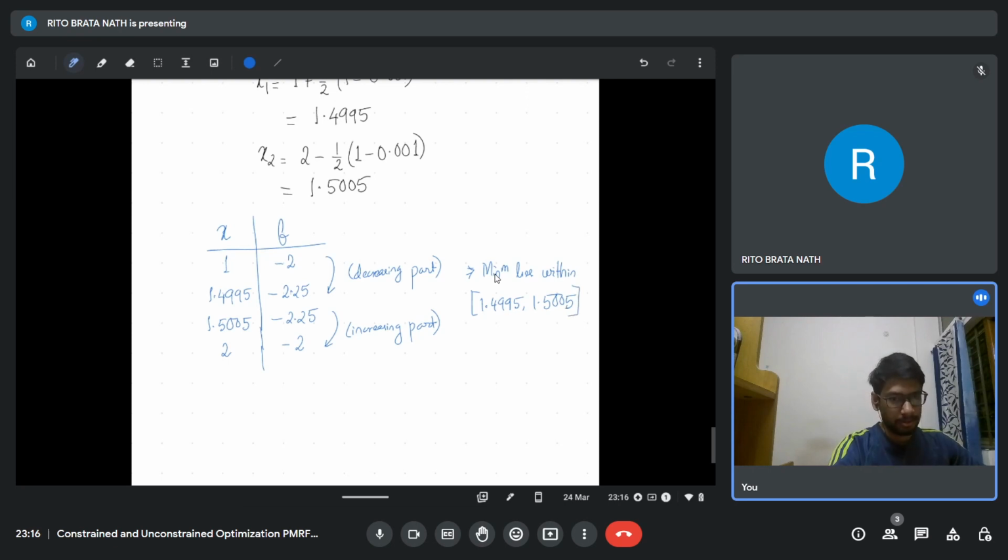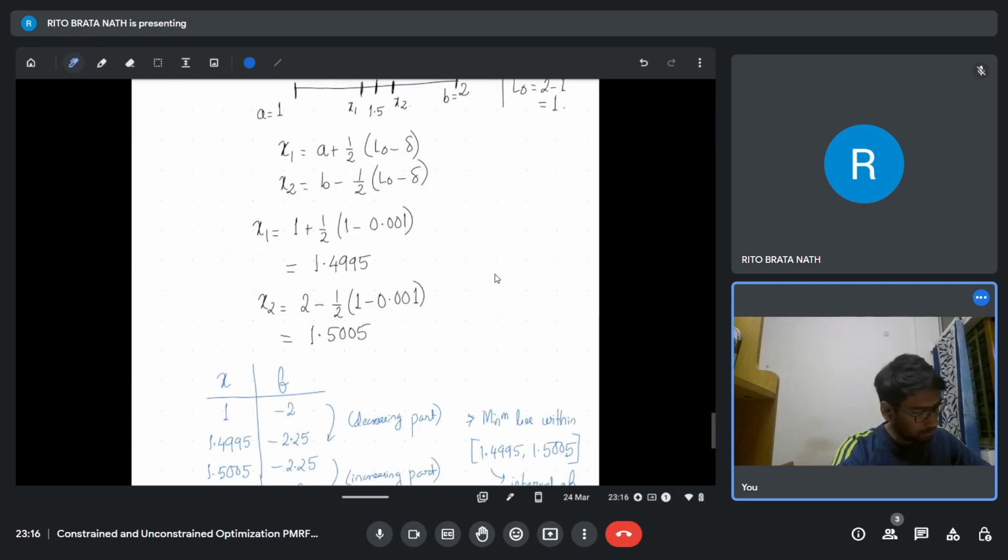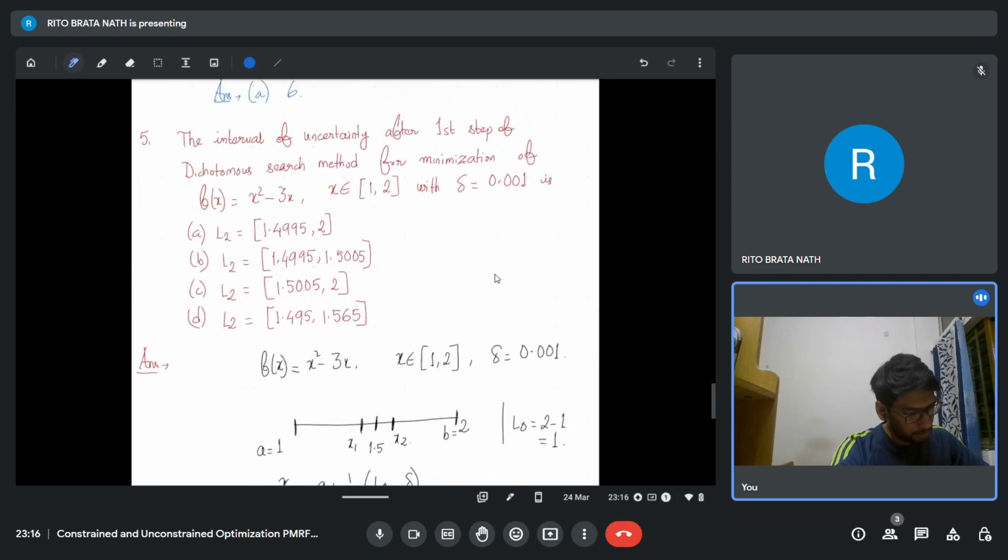So actually in this dichotomous search method, this becomes your interval of uncertainty after the first step. So this is the interval of uncertainty after the first step. Yeah, I hope this is clear, and let's see if there is any option which is correct.